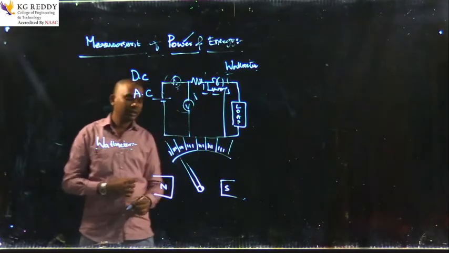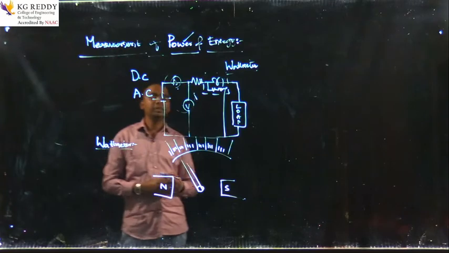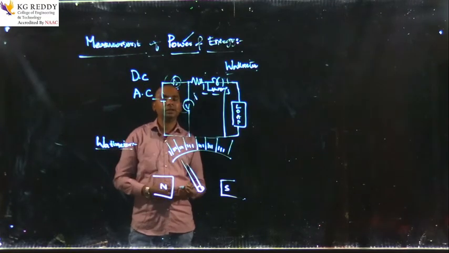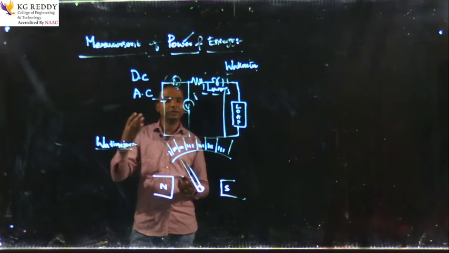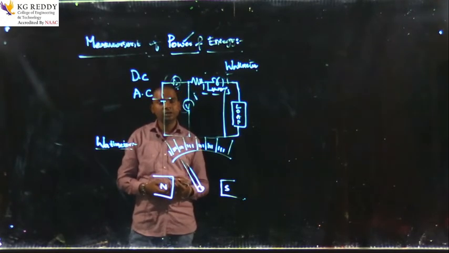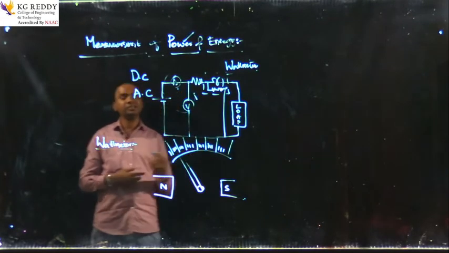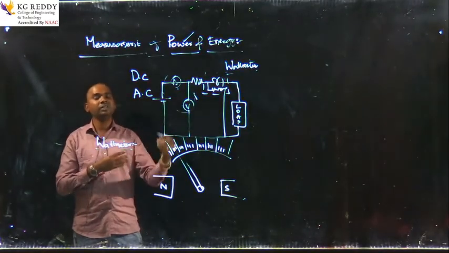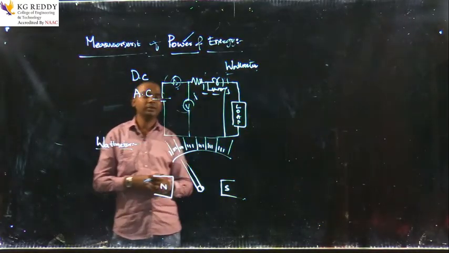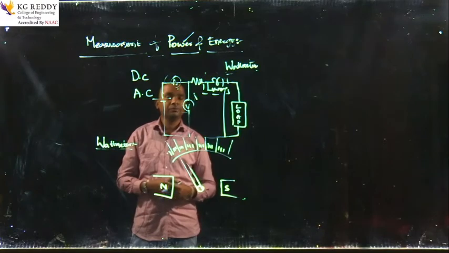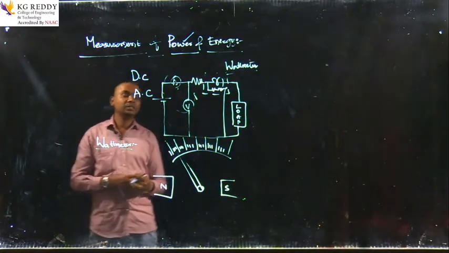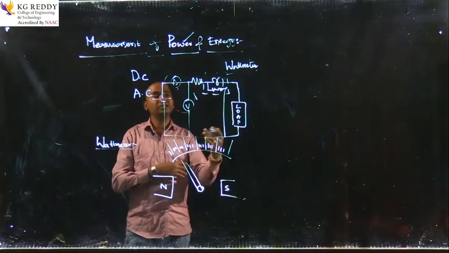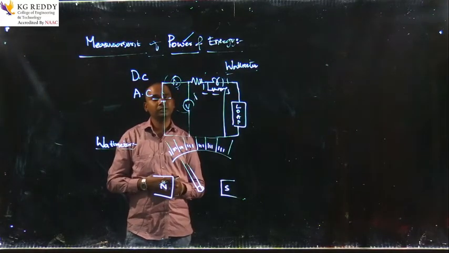On which principle does the wattmeter work? We call it the electrodynamic wattmeter, and there are different types of wattmeters. It works on the same principle as a DC motor: whenever a current carrying conductor is placed in a magnetic field, it experiences a mechanical force.